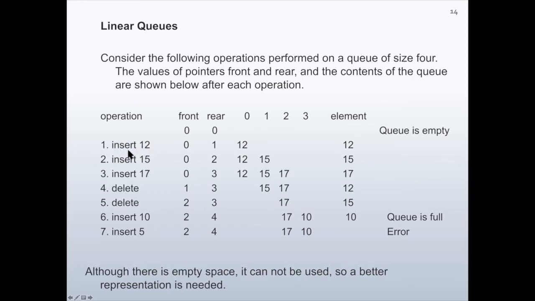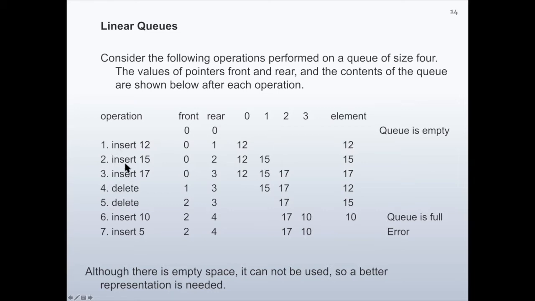First we have an insert operation. The item to be inserted is 12 and it is inserted at the position shown by rear, and rear is incremented by 1. So at location 0 we have 12 and the element on which we are operating was 12.